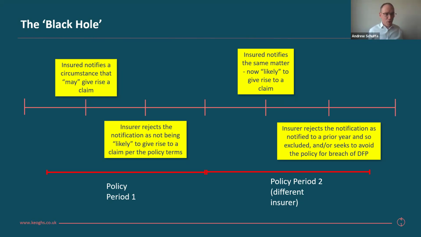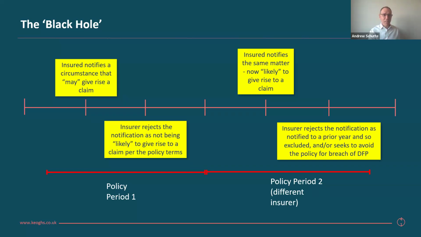In policy period 2, and this normally comes up when there's a different insurer involved, the insured tries to notify exactly the same thing, which has got worse. It is now likely to give rise to a claim. And that insurer looks at their policy, they flick through, they see the prior circumstance exclusion, and they say, hold on, you notified this last year.